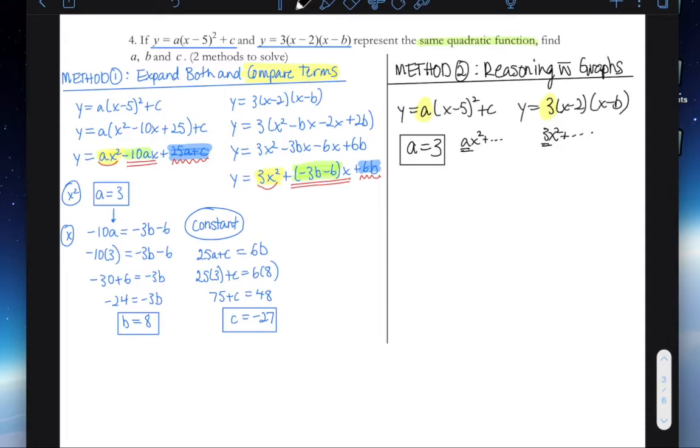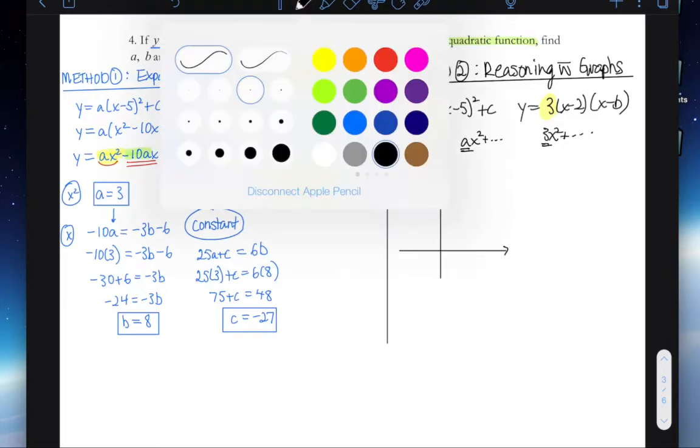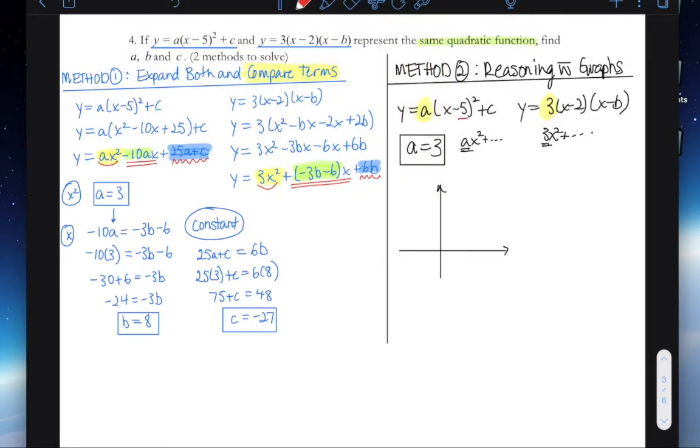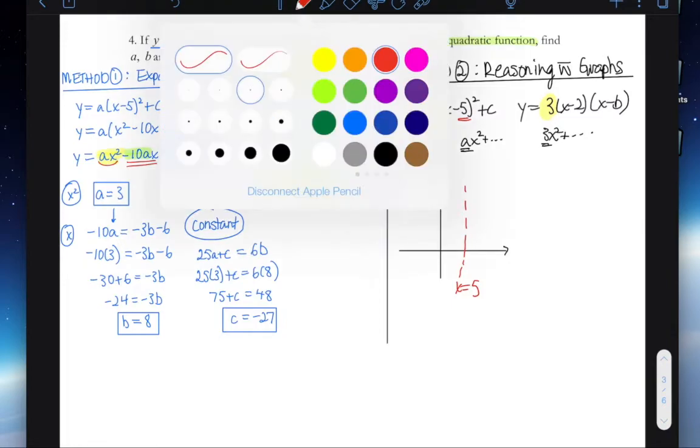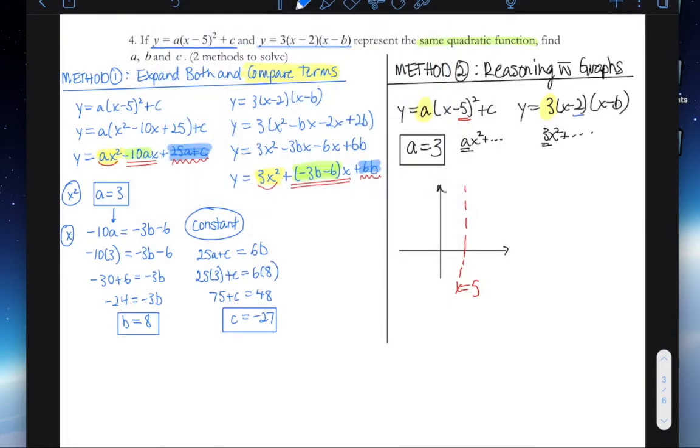Now, what I'd like us to do is graph what we know based on these two different representations. For example, because there's a -5 here, I know that my axis of symmetry is at x equals 5. From this piece of information, I know that one of my x-intercepts is at (2, 0).